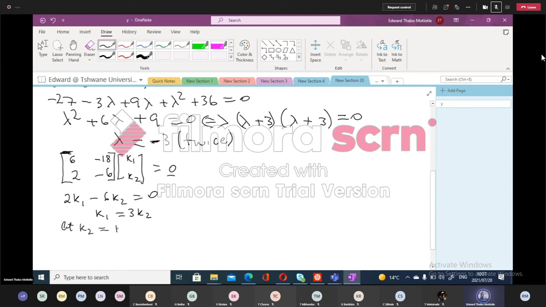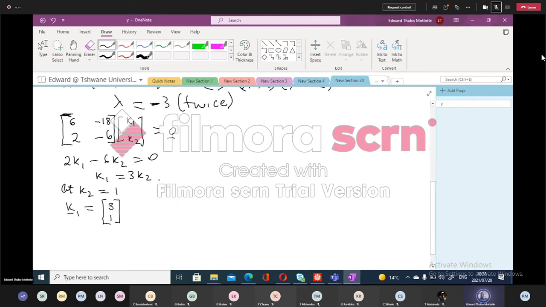So usually I choose the simplest one, just to simplify my problem. So what it means is that this vector is equals to, let's see, k2 is 1 and k1 is 3.